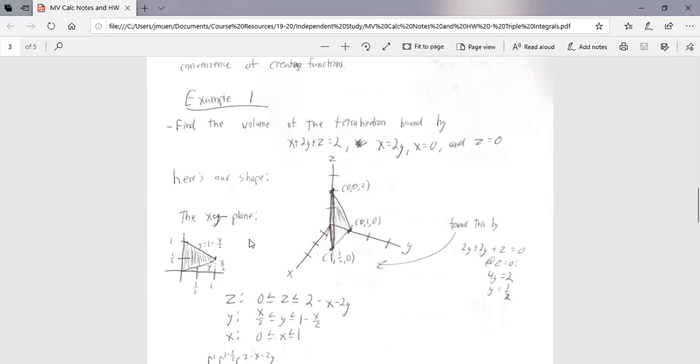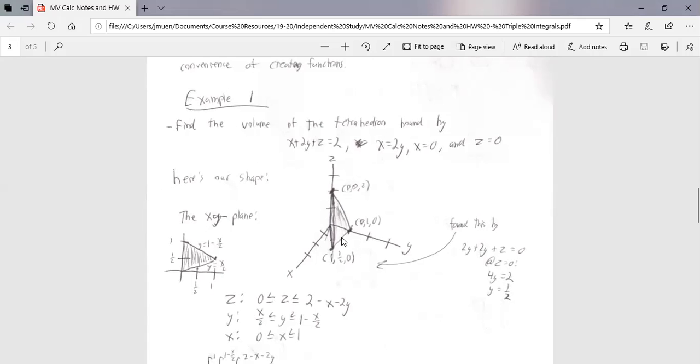I could have put x between two functions of y or y between two functions of x. The problem with putting x between two functions of y is that I'd have to split into two integrals. Y between two functions of x has no such problem, so let's do that.